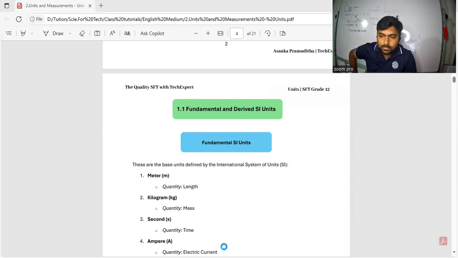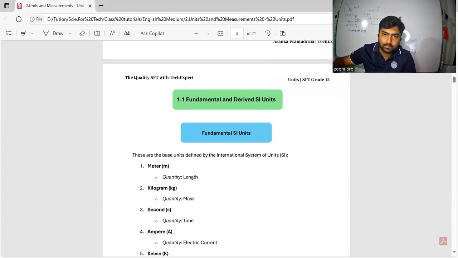Then write the next subtopic as fundamental SI units.